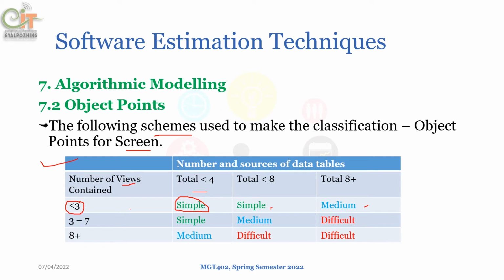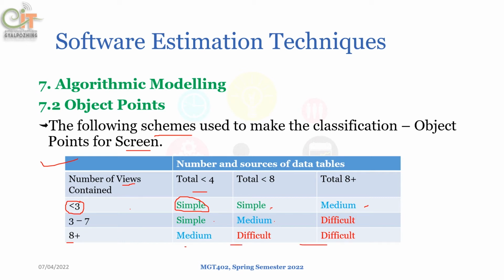And if the views are between 3 to 7, then accordingly, if the data table is less than 4, it's simple, medium, and difficult accordingly. And if it is more than 8 views, then the data table gives medium, difficult, and difficult respectively.